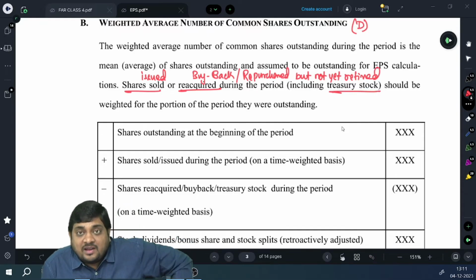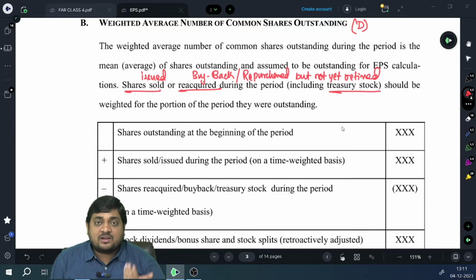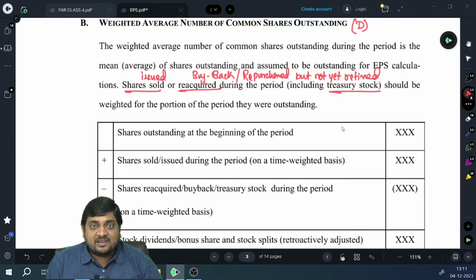So when you have any further common stock issued, we need to consider it separately. And when we have any stock repurchase, including treasury stock, we need to subtract accordingly.